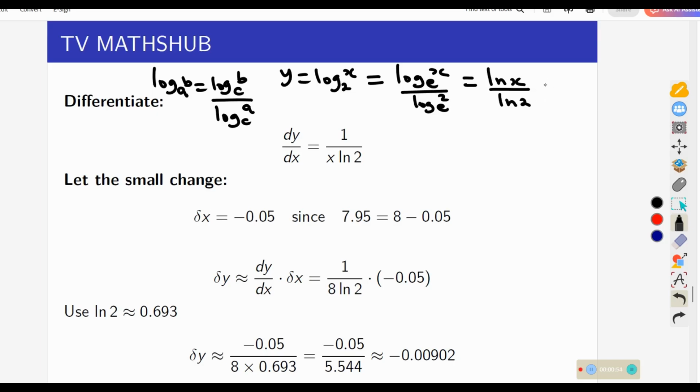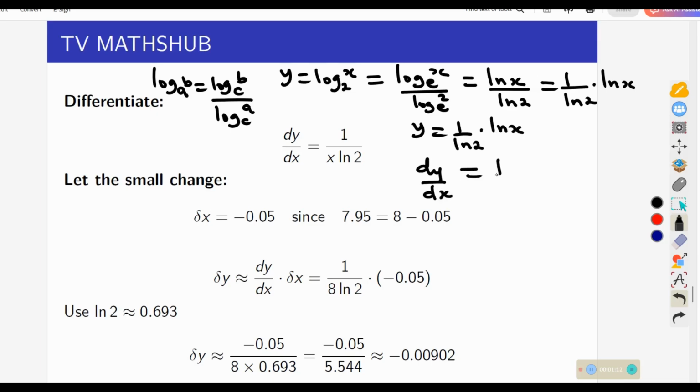So that is what we have. But still, you can write this as 1 over ln 2 times ln of x. So this is your y. When you differentiate y with respect to x, you will get 1 upon ln of 2 times 1 over x.